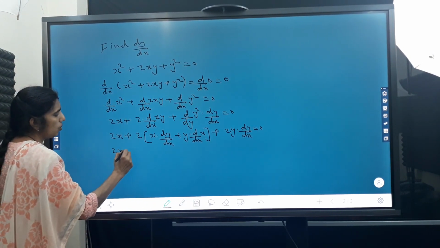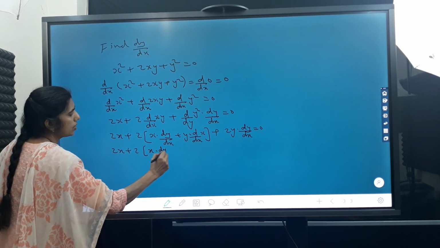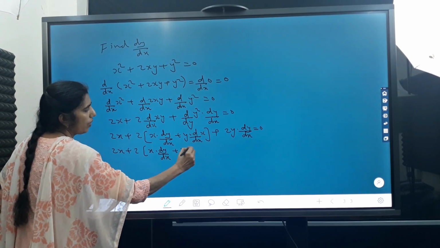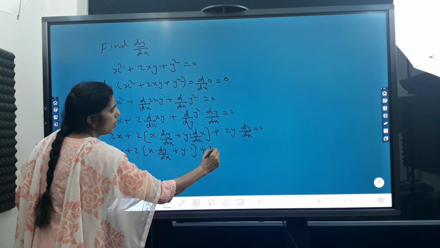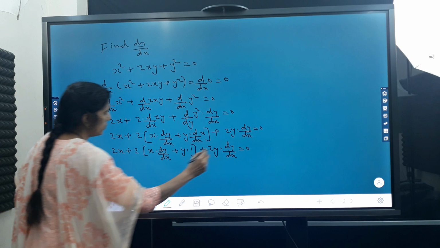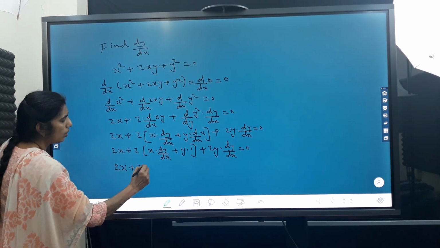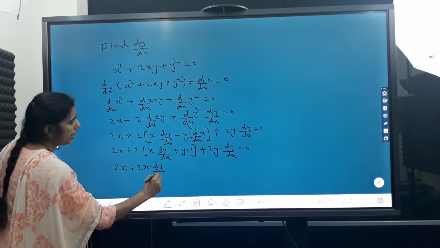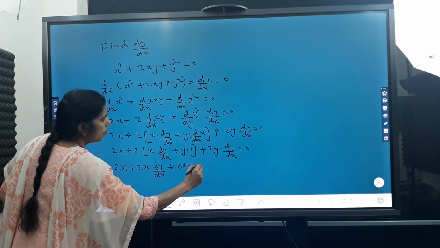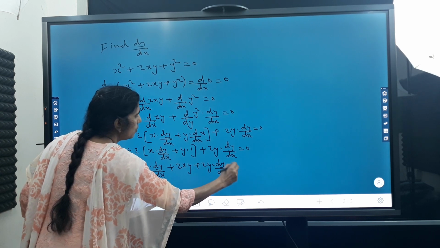That is 2x plus 2 into x into dy by dx plus y into d by dx of x, which is 1, plus 2y into dy by dx equal to 0. So you have 2x plus 2x into dy by dx, open the bracket, plus 2y plus 2y into dy by dx equal to 0.